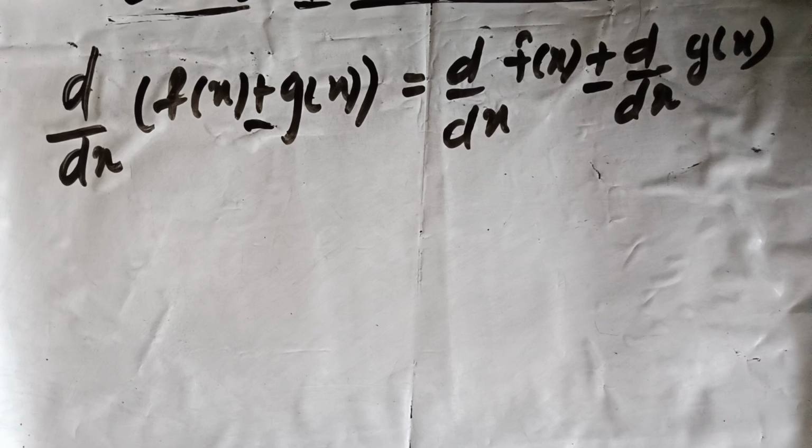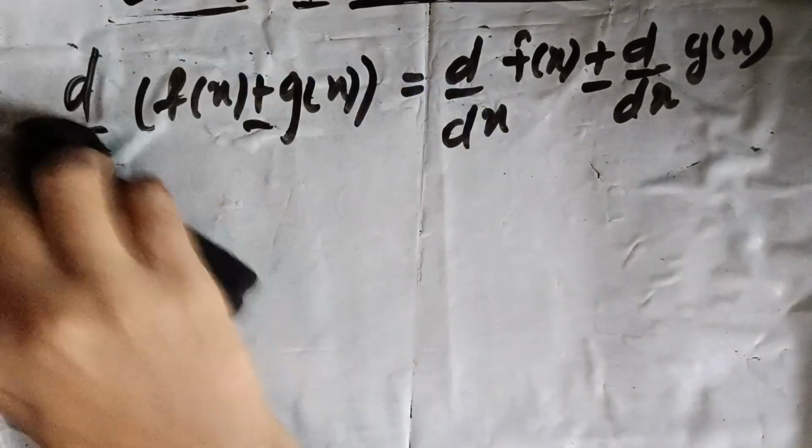Multiplication is not the same: you have a product rule and a division rule. The division rule is called the quotient rule.